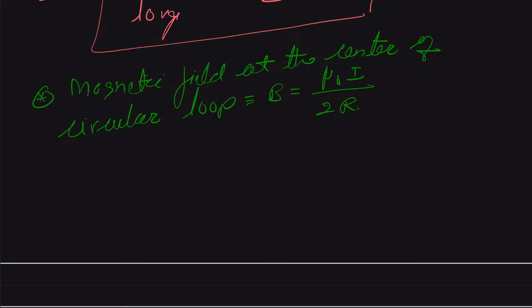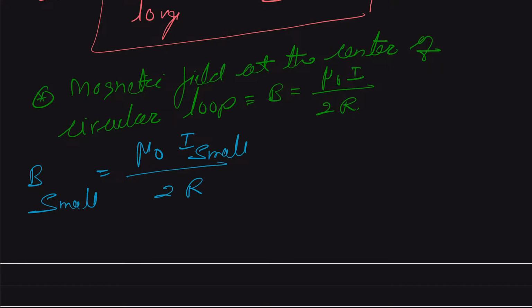Therefore we can say magnetic field in our small will be equal to mu naught I small divided by 2R.